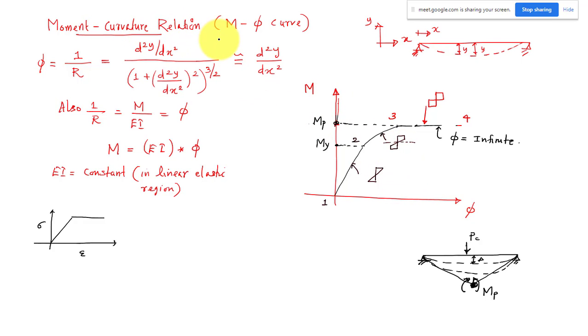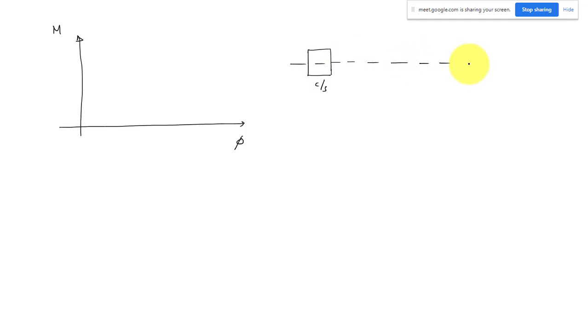We can draw this for our rectangular section. This is my bending moment, and this is our curvature. Let us take the cross section rectangular, and this is the neutral axis.